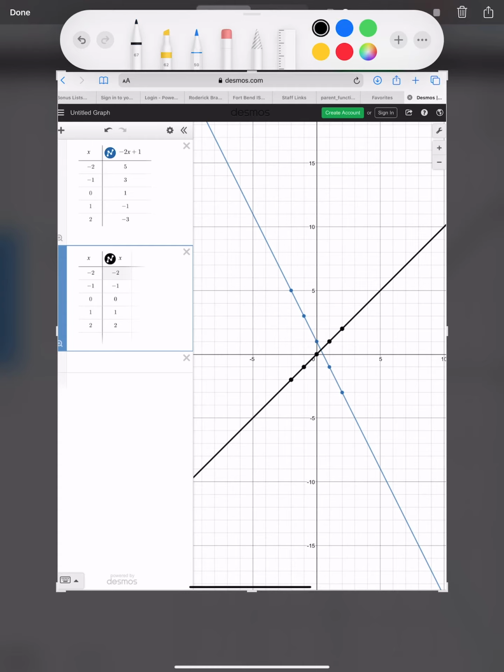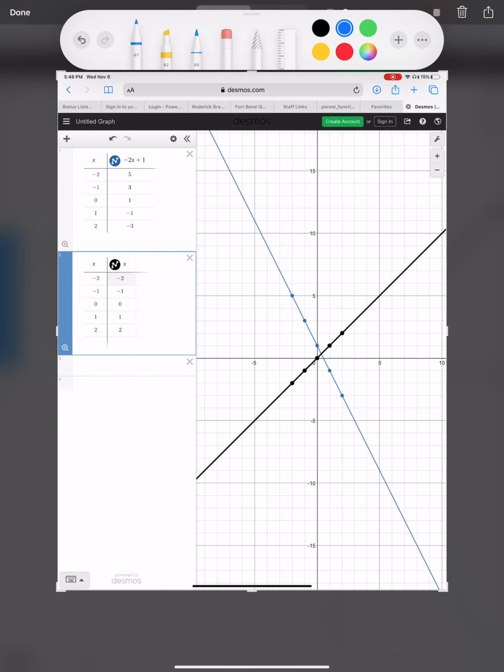So one might say, okay, that's a change of 7. But if I was to look at the next one, -1 and 3, that's not a change of 7. That's a change of 4.